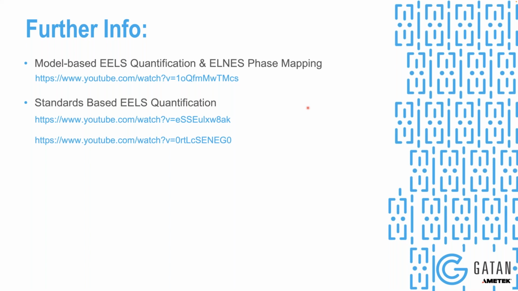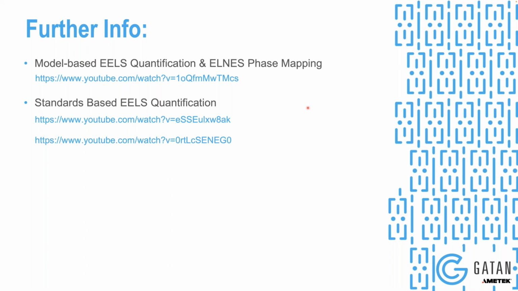Let's see, I think we have time for one more question. Someone was asking particularly about the iron 2+, 3+ separation. Maybe we don't have quite enough time to go through all of that, including how to create the maps.